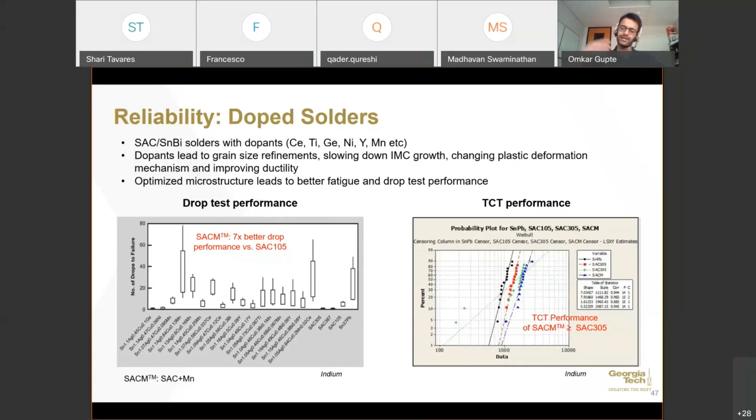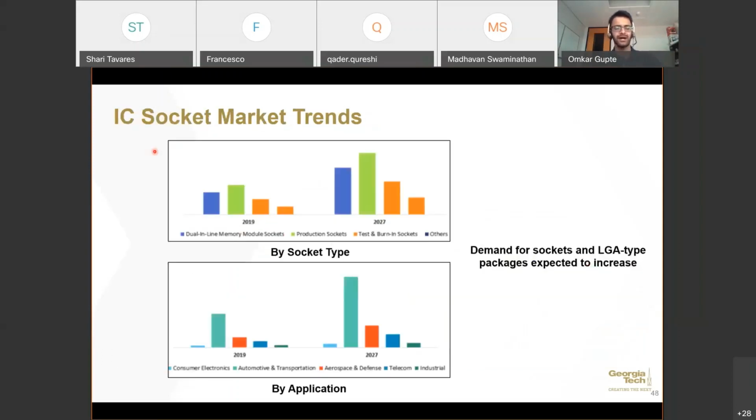So we've looked at the BGAs till now and how they are a major interconnection technology that is being developed and is widely used. However, when we look at the recent market trends, we also see that though BGA is definitely very widely used and is expected to be used in the near future as well, the need for sockets is also expected to increase.